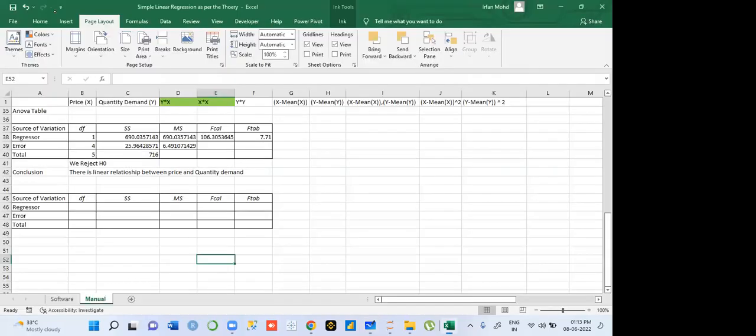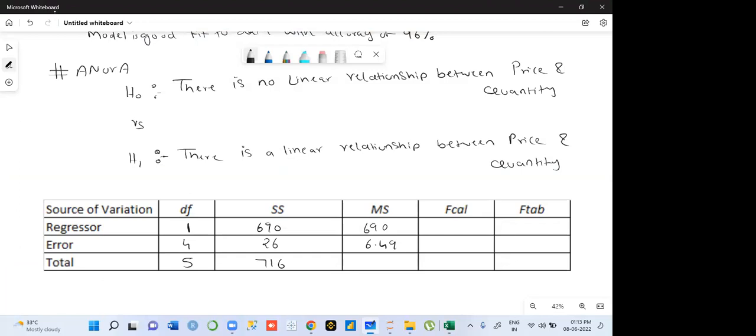How much is the FCAL? 106. Some rounding of decimals may change things, guys. I agree. At this number, how much alpha do we take if it is not given? By default, 5%.